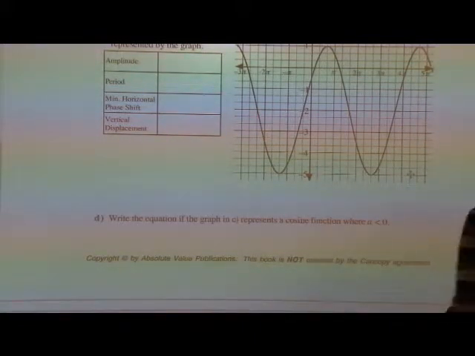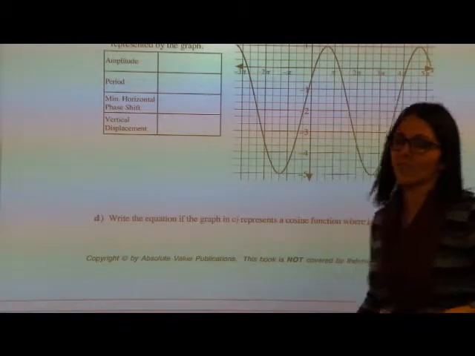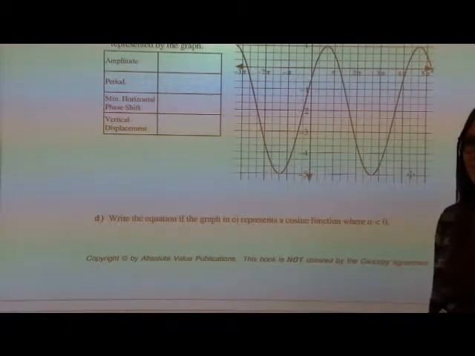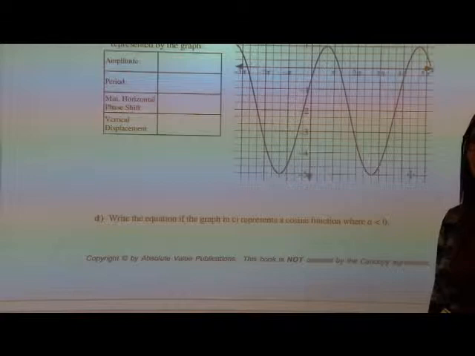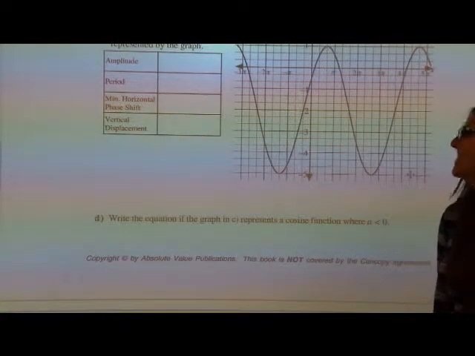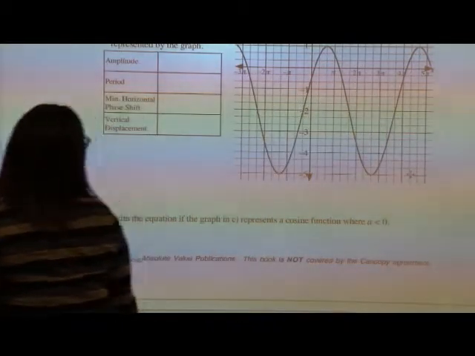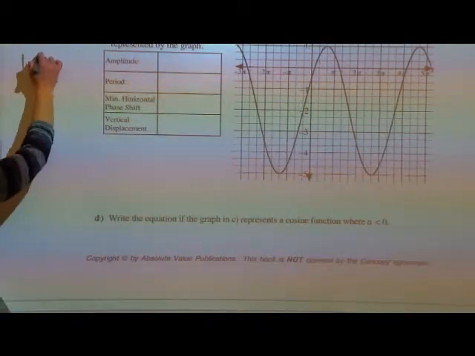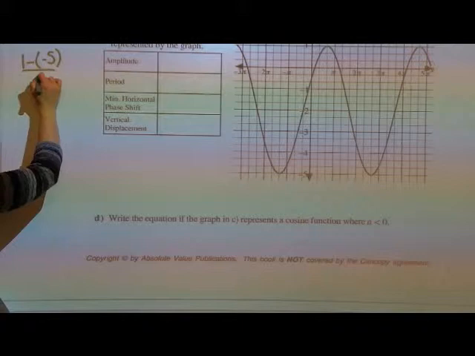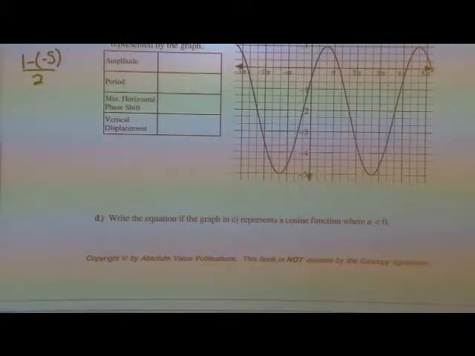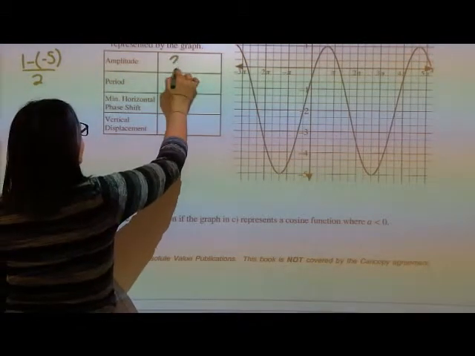So how would I calculate the amplitude of this function? Max minus min divided by 2. Okay, so 1 minus -5 divided by 2, which equals, okay?